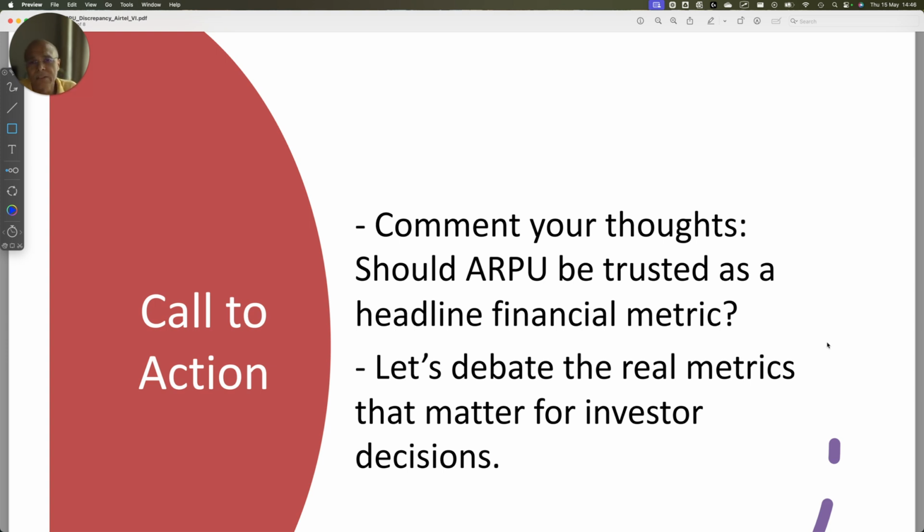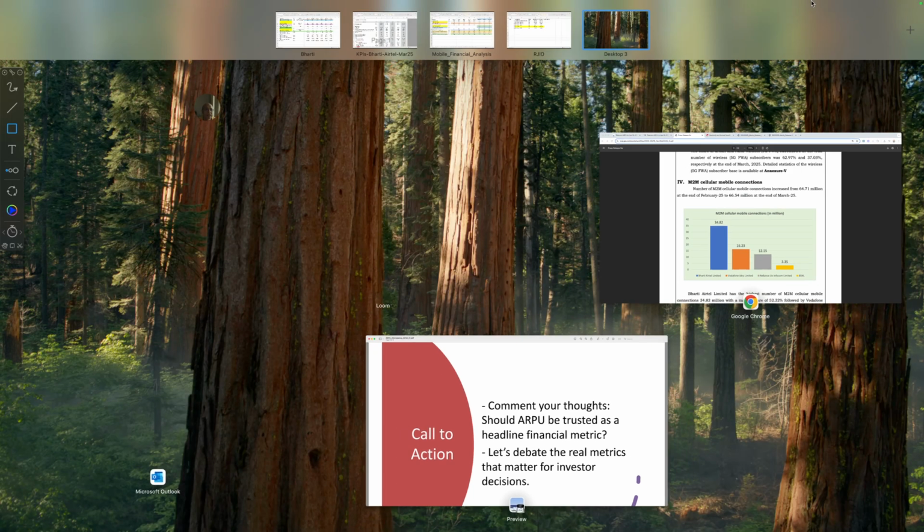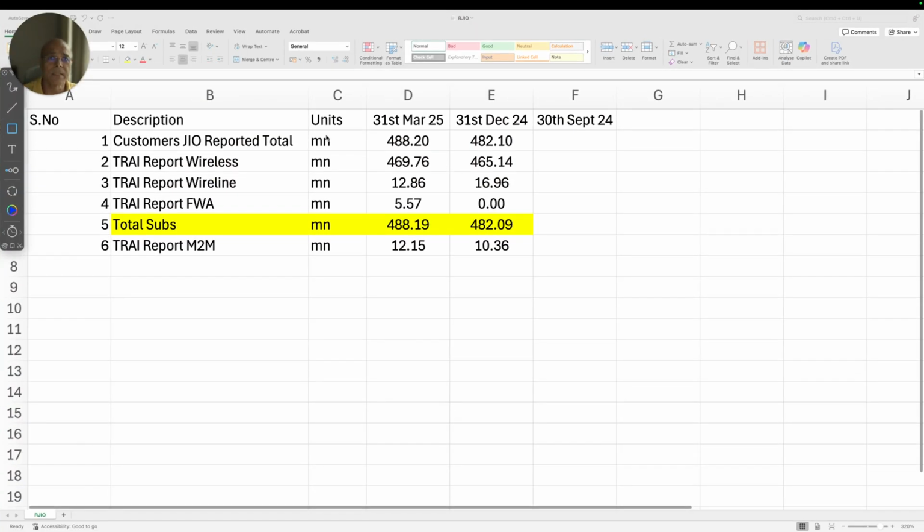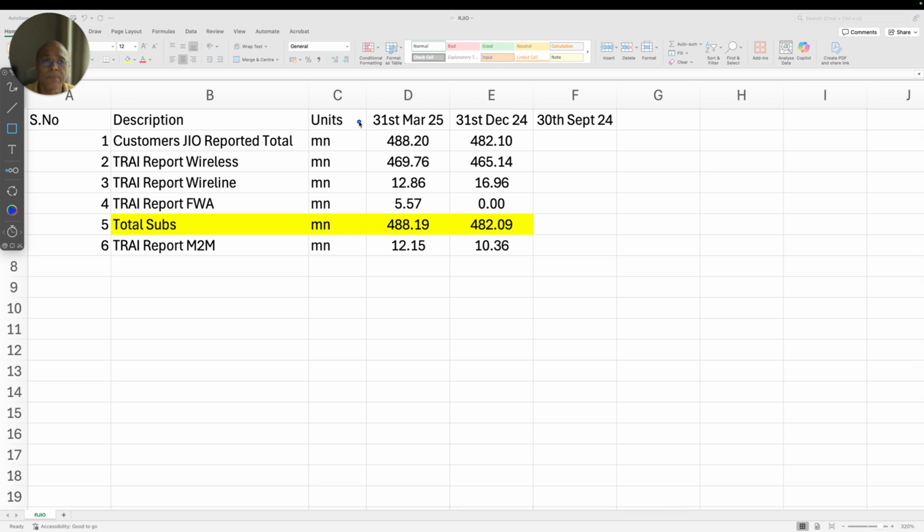As far as RJio is concerned, friends, I really don't have the numbers. But one thing I'm sure about RJio, because I have gone and checked their numbers: what they're reporting to the TRAI and what they're reporting to their stock exchange, both numbers match. If you see here, this is 488.2 and this is the TRAI wireless reported number, right?